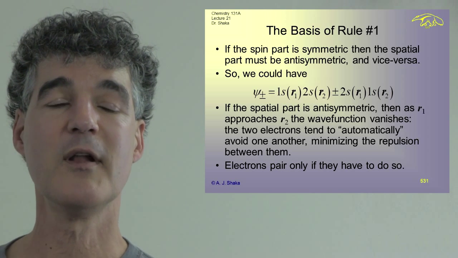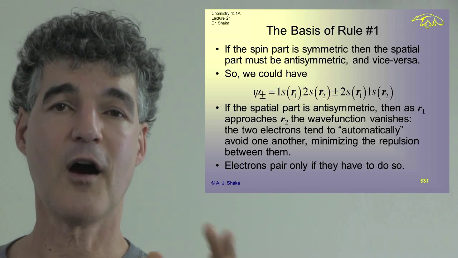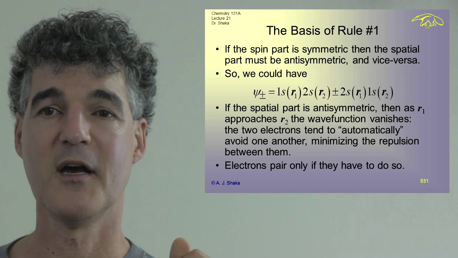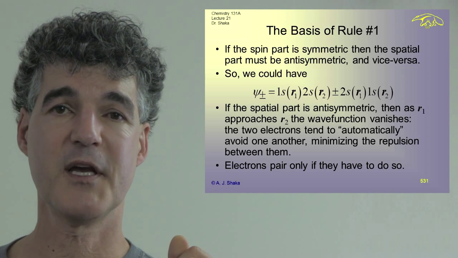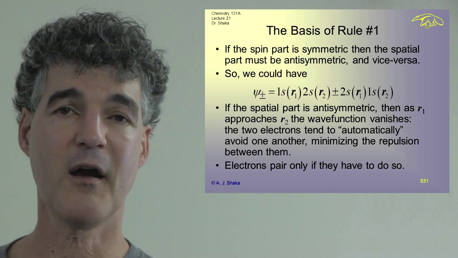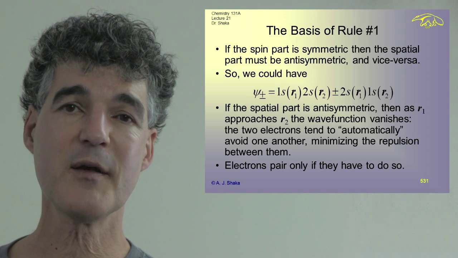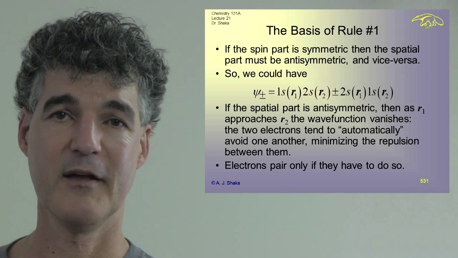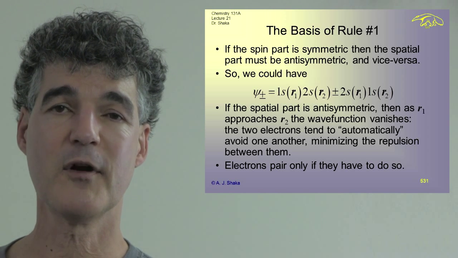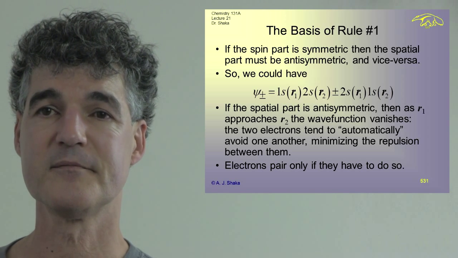But for now, we'll accept that this is the stock argument, the antisymmetric spatial part. Therefore, the electrons pair only if they have to. If they have to be in the same orbital, they pair. If they do not have to be in the same orbital, then they're either both up or both down.